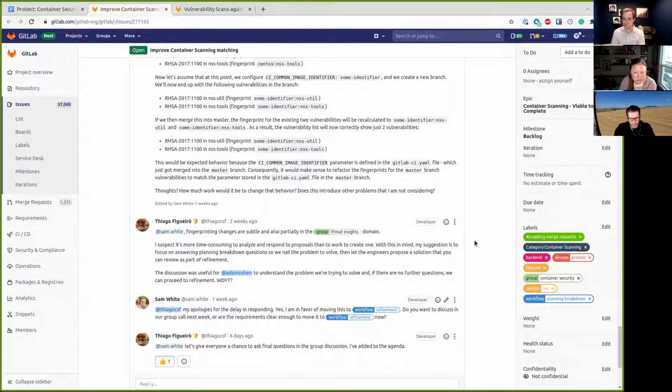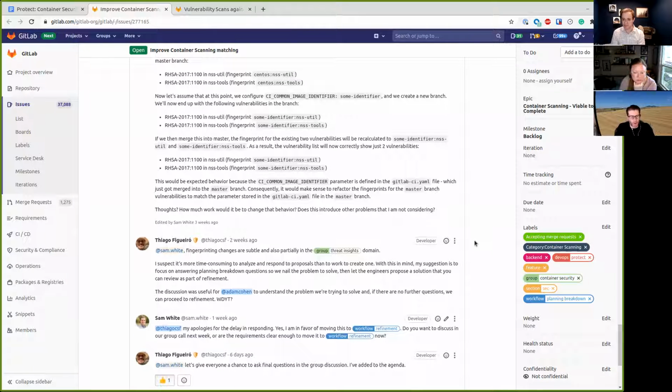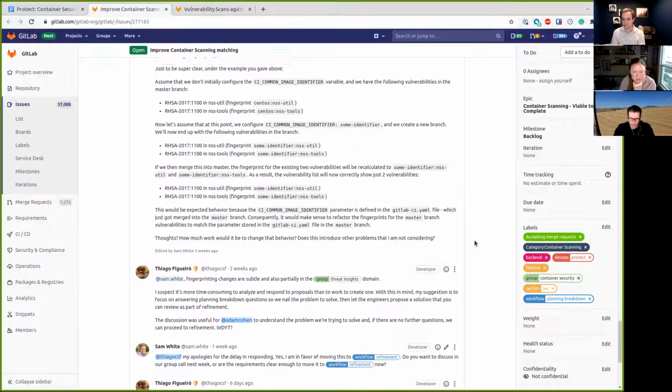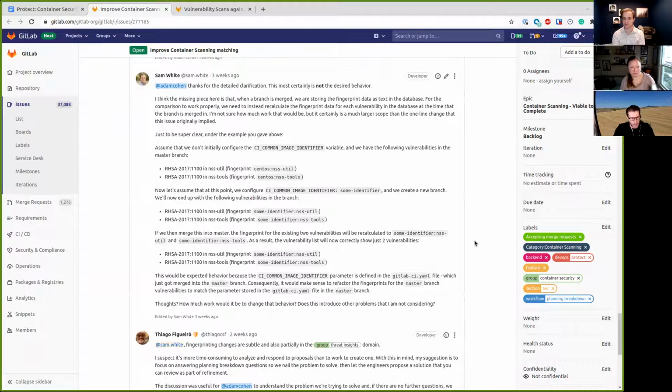Yeah, I guess I'm just trying to figure out how this is going to be solved, because there's a lot of edge cases once you start messing around with the fingerprint and the matching mechanism, and I'm just not really sure the best way to solve this.